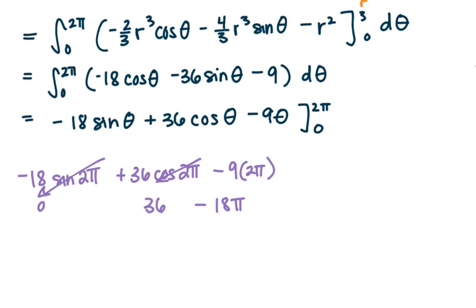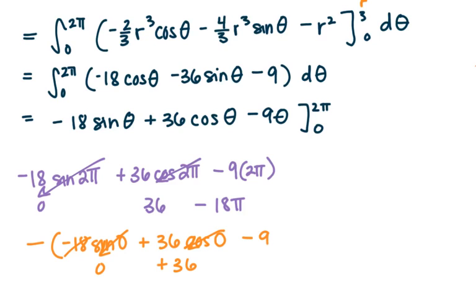And plugging in 0, we'll get minus all of this. So we've got negative 18 sine of 0, which is 0, all of that, plus 36 cosine of 0, which is 1, or we've got plus 36, and then minus 9 times 0, which is 0.